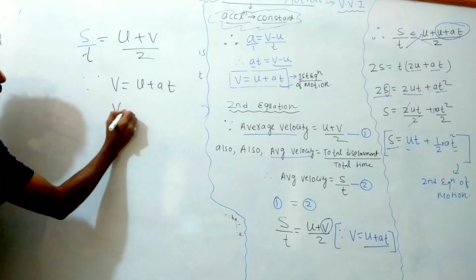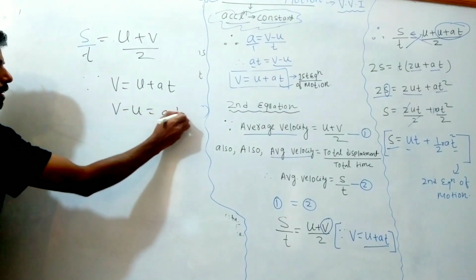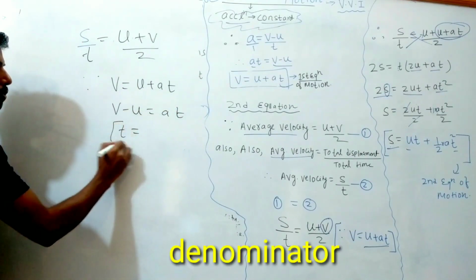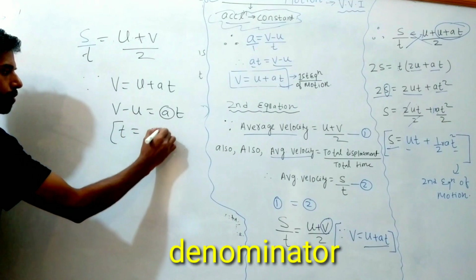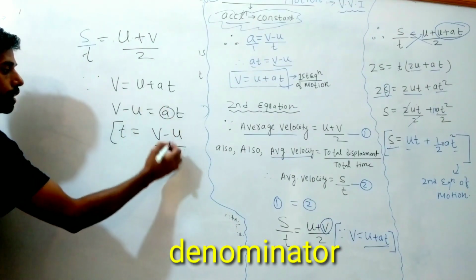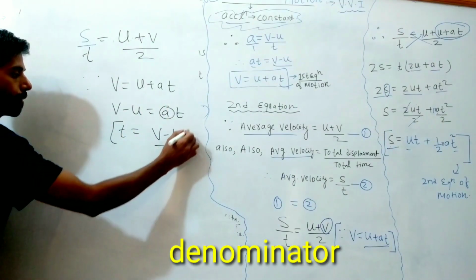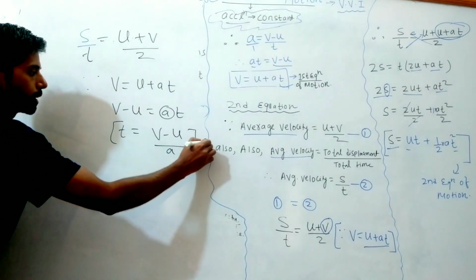We can write v minus u is equal to at. So t is equal to v minus u upon a. This is equation number 3.